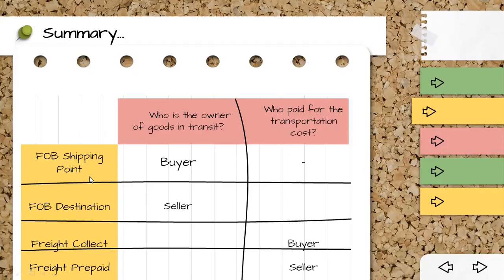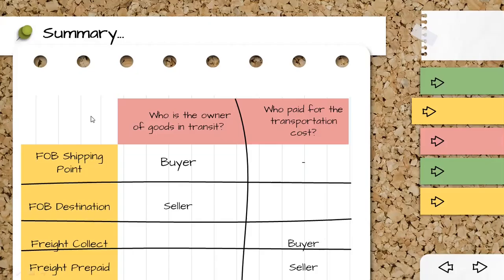So, for example, pag sinabing FOB shipping point, freight collect, so walang problema because ang dapat na magbayad ay ang buyer kasi siya yung owner and yung actual na nagbayad ay ang buyer din. So, walang problema doon.